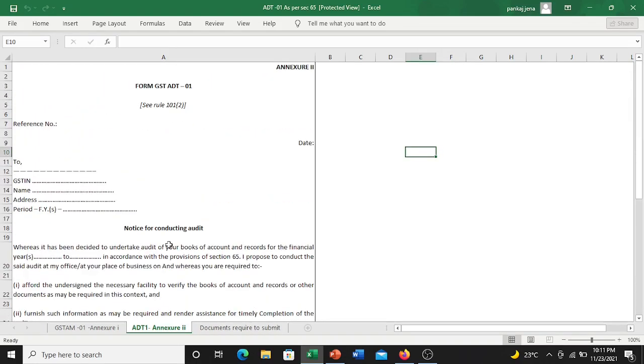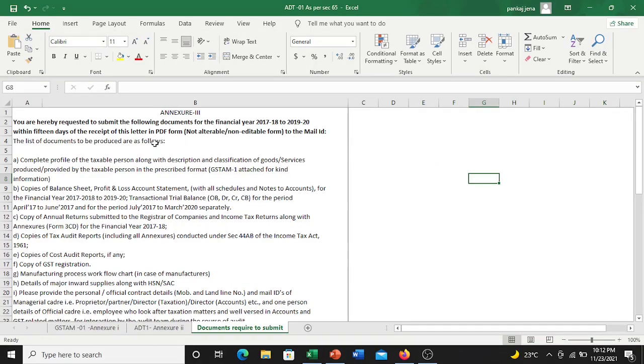Next annexure will be annexure 3. In annexure 3, you can see the department asking for documents from 2017 to 2019, all the details we have to provide to them.